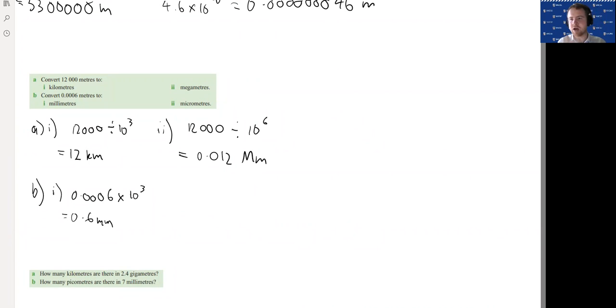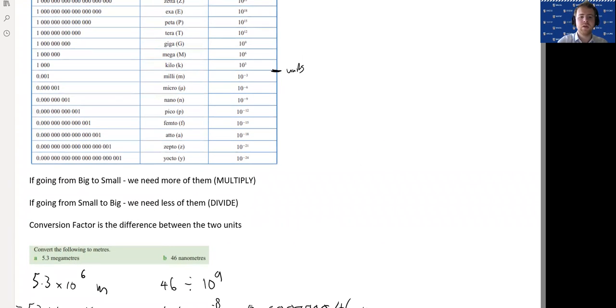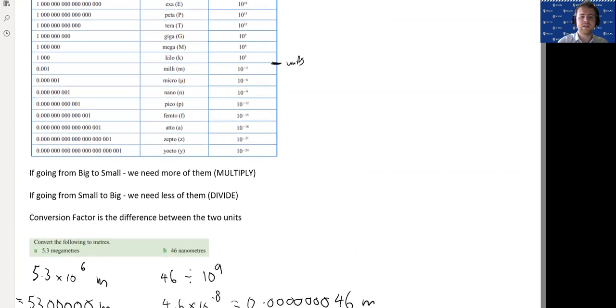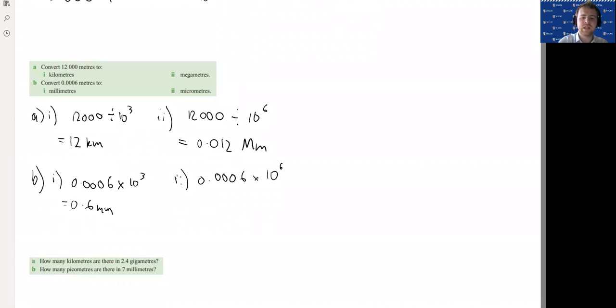Millimeters is lowercase m, not capital M. And then the second one, to micrometers, it's going to be 0.0006 times, because we're going from big to small, 10 to, and micro is 10 to the minus 6, so we're going to go times 10 to the 6. And so it's going to times this amount by 1,000. So if we add 1, 2, 3, it's going to be 600 micrometers.